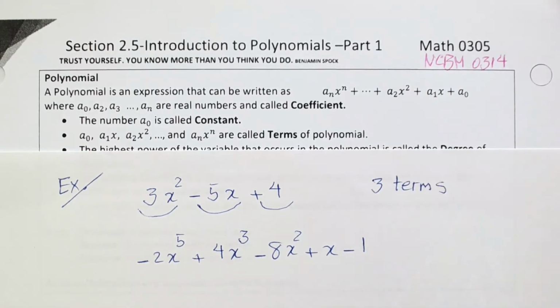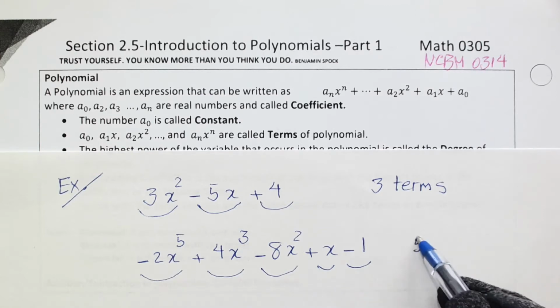The second polynomial: negative 2x to the power of 5, positive 4x cubed, negative 8x squared, positive x, and negative 1. Each of them is a term. So this polynomial has 5 terms.